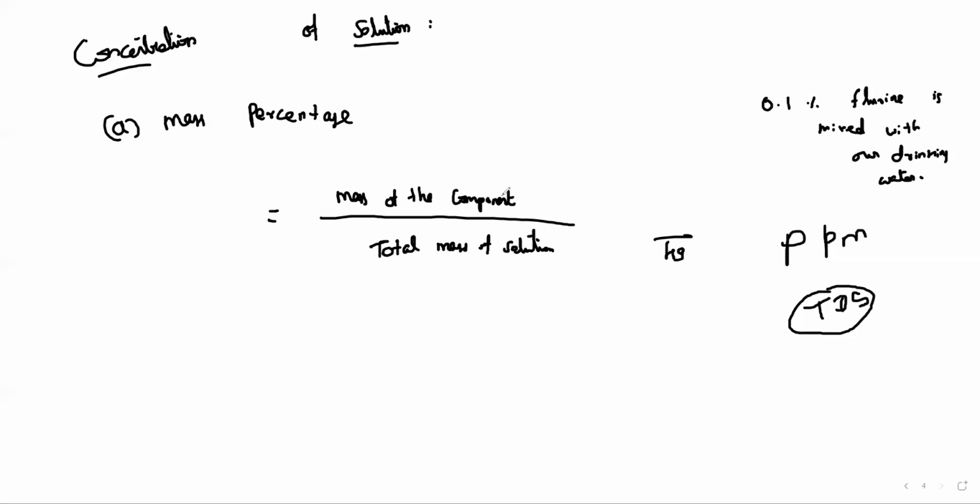So how much mass of the component or solute? Let it be solute. So into 100. So kg by kg into 100. So it will be in terms of percentage. So for 10 kg, if 1 kg is salt, if 1 kg is mixed, so 10% of concentration, like that we can express. Do you understand?